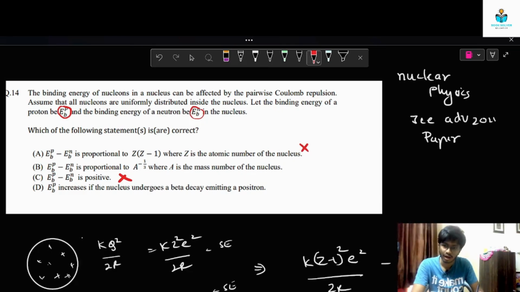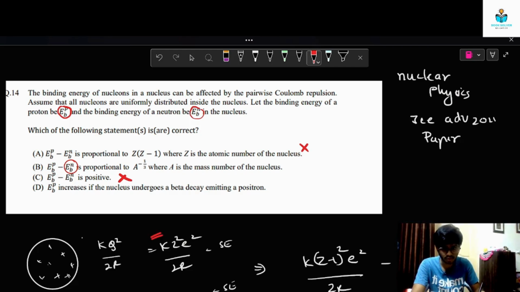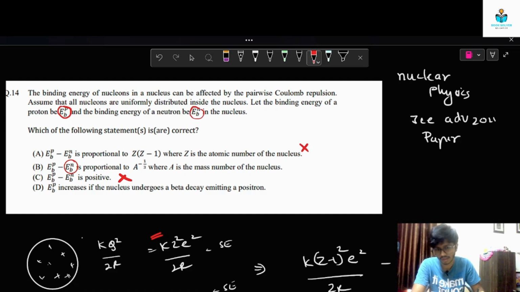Okay, and if you look at option B, it says EBP minus EBN. See, this is EBN if we remove a neutron, because if we remove a neutron, this will be the energy. But if we remove a proton, this will be the energy.